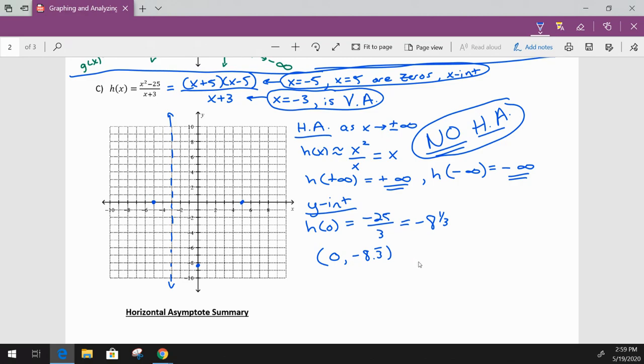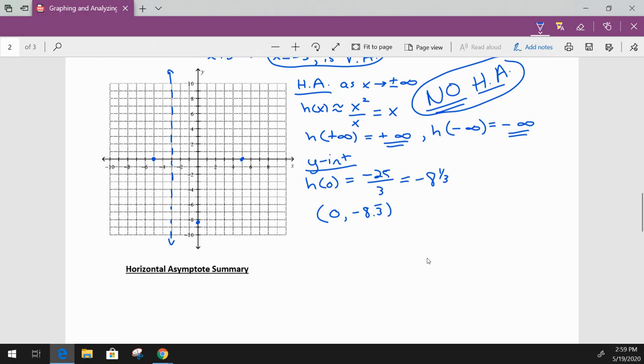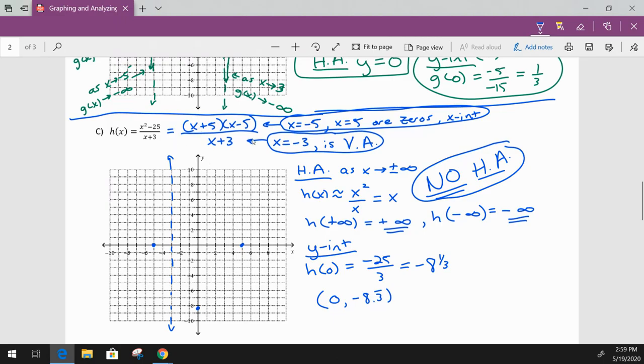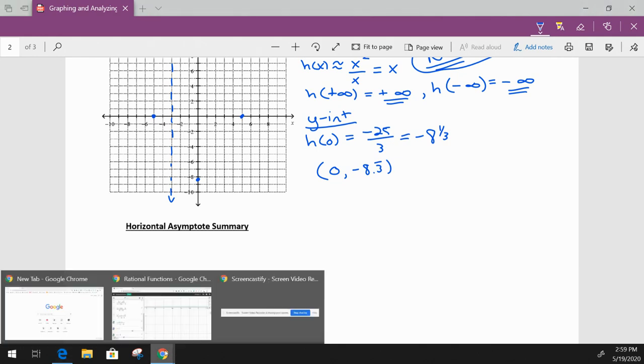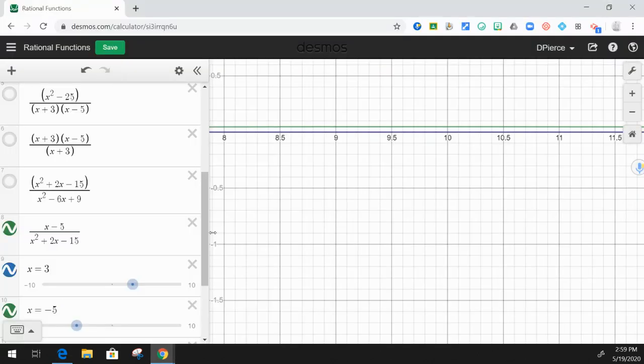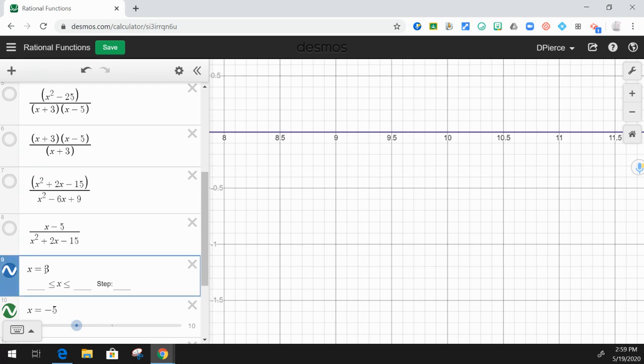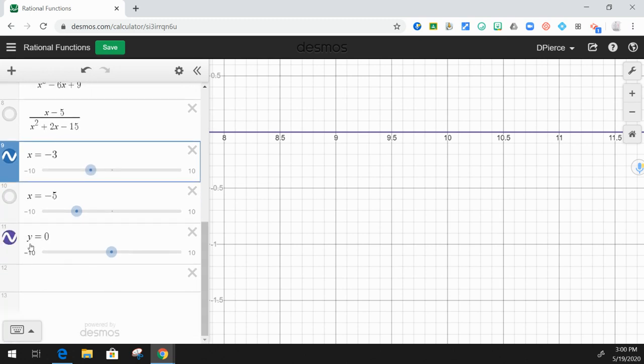Okay, so we don't have a whole lot to go by. We've got our x-intercepts and our y-intercept. We could, again, substitute values in for x and y. But let's look at what the graph looks like on Desmos. We still have a vertical asymptote at x equals negative 3, not at negative 5. We do not have a horizontal asymptote.